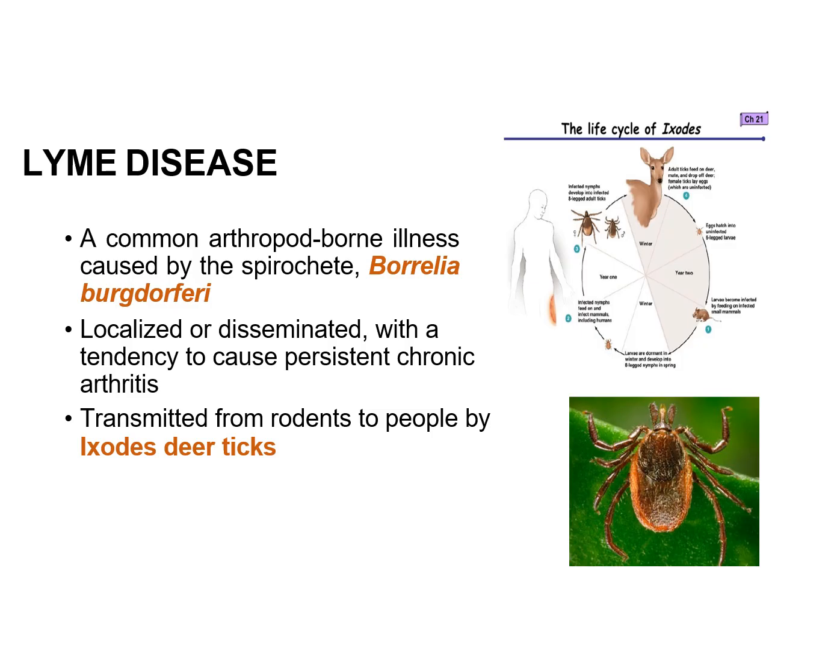If untreated, Lyme disease has a strong tendency to cause persistent chronic arthritis, particularly involving large joints like the knee. From a pathophysiology standpoint, this chronic inflammation is driven by immune-mediated tissue damage rather than ongoing high-level bacterial load.